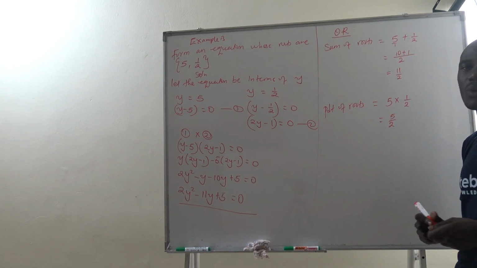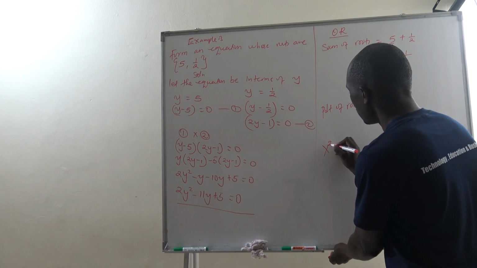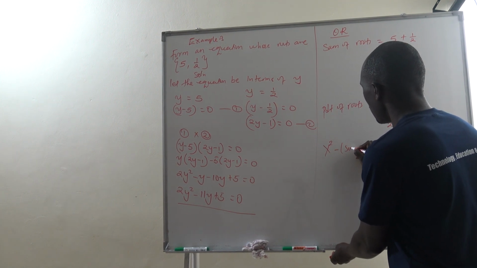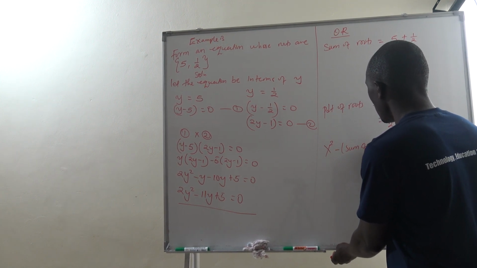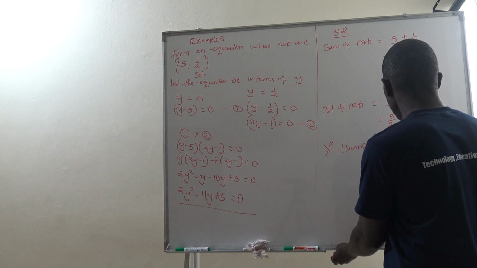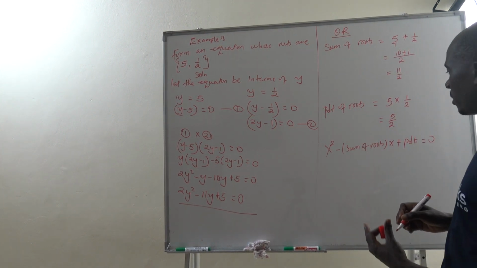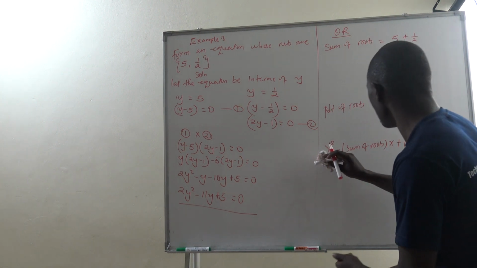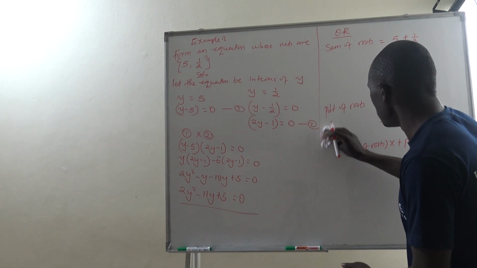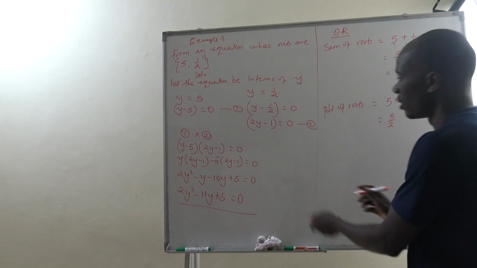Then we write our equation as x squared minus sum of roots x plus the product equals 0. We have already used y, so let's change it. It is not in terms of x; now we are using y.